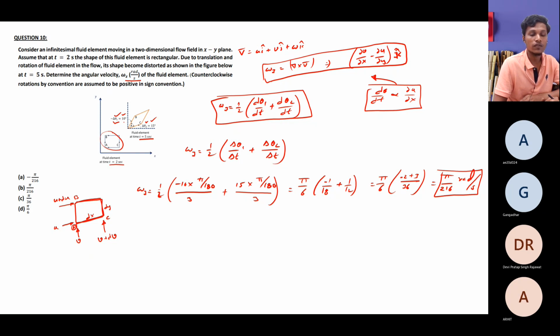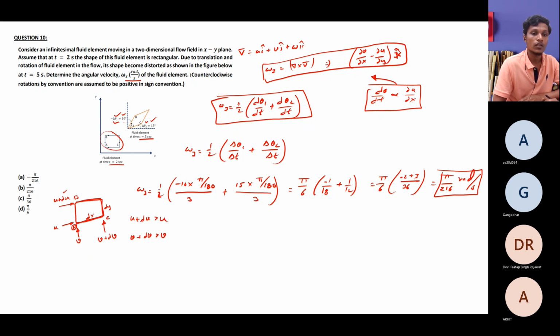These velocities, v plus dv, may be high velocity or low velocity, or maybe the same velocity, whatever it is. Let's assume that u plus dv is greater than u plus du is greater than u, and v plus dv is greater than v.